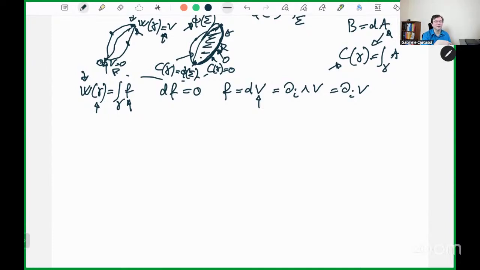Now, remember, a form in this context is a map from a vector to a number.